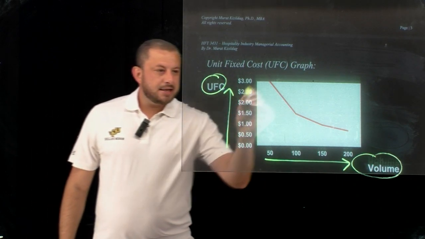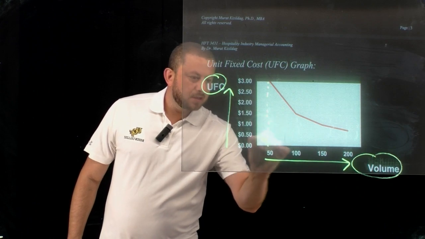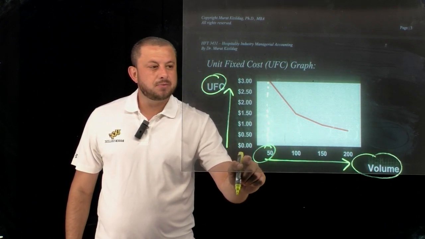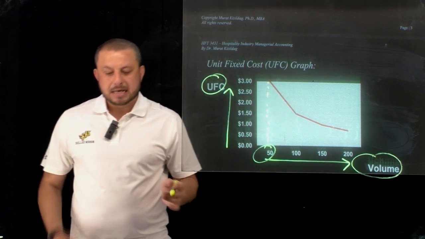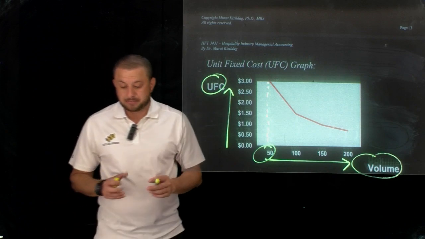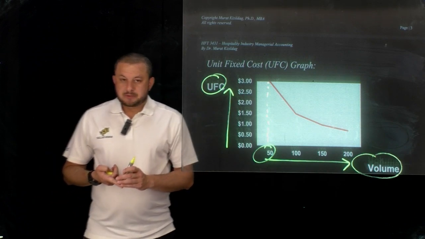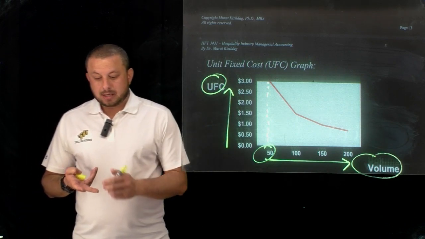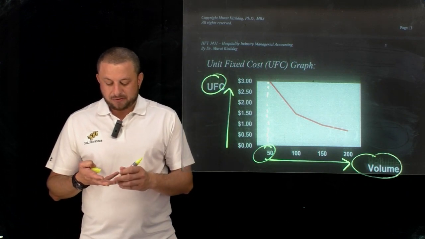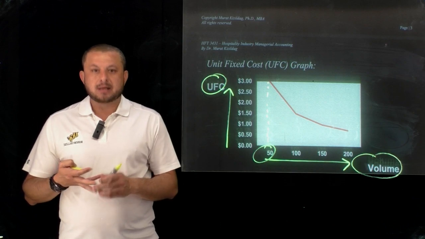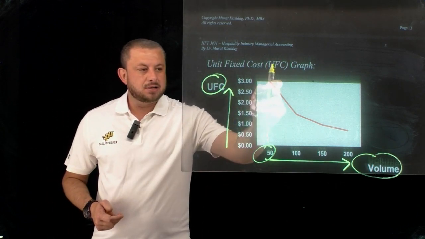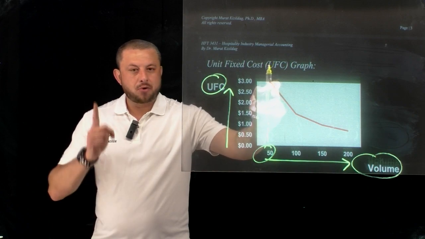So if I sell 50 rooms, I will have to pay $3 to produce that room, meaning as the fixed cost, of course. For example, electricity spent until the room gets sold, the AC units, or time and effort spent by the housekeeping personnel, and of course the turn down service, is equal to $3 per unit at the 50 room level.